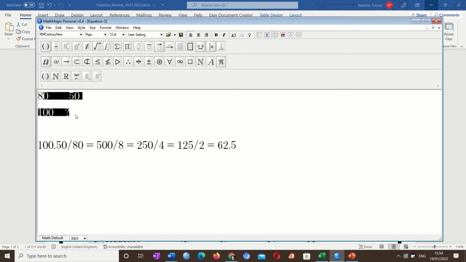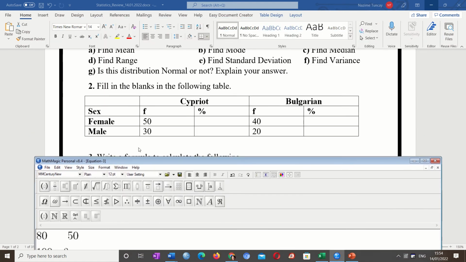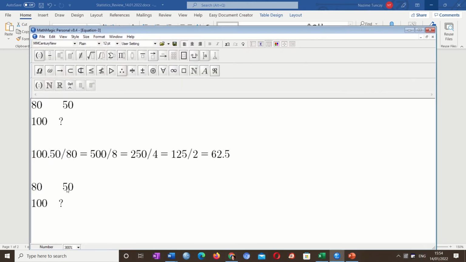So if I have out of 80, the other number, let's check it. Out of 80, I have 30 here, 30 female, 30 male. So out of 80, if I have 30 male, what is the case? I multiply 30 by 100, and I have to divide by 80.